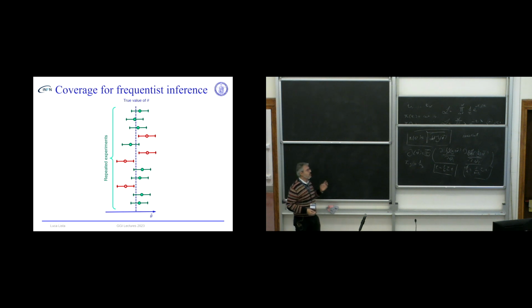From the frequentist point of view, I want to imagine an algorithm, the best algorithm, that, given some observation x, allows us to obtain two things. One is a value of the parameter that we call the point estimate.